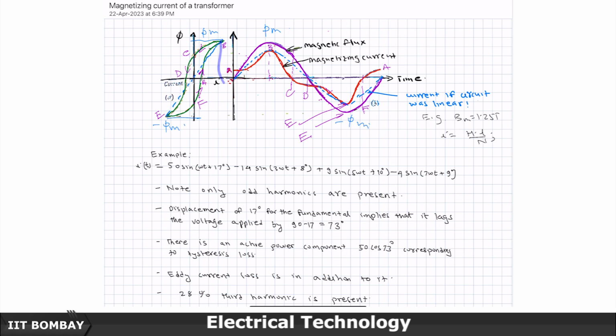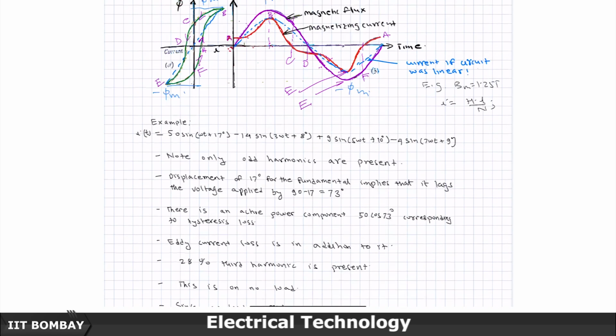The same I max I would have got, but it would have become a sinusoid like this. This leads a bit further because there is a positive current. So, you can see the shift, as if this has slightly been shifted, there is another thing that is happening here.